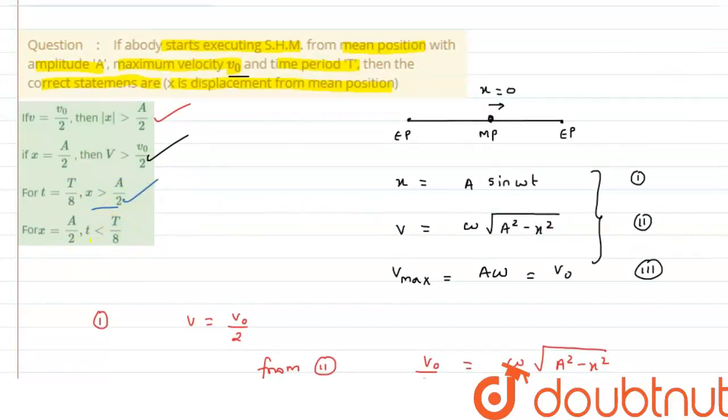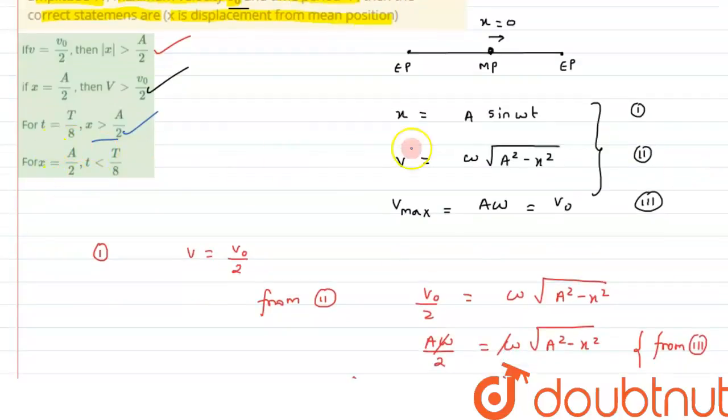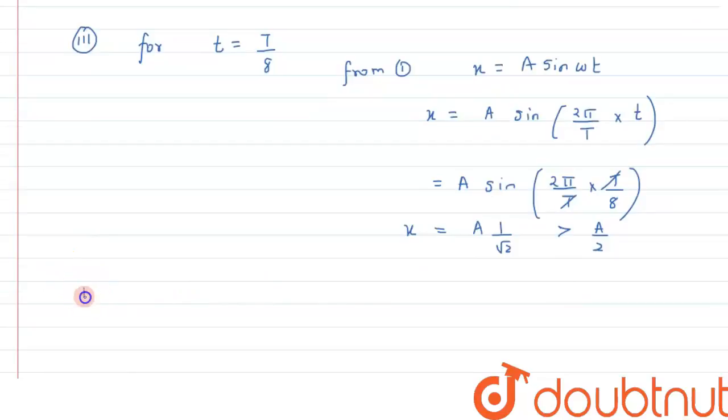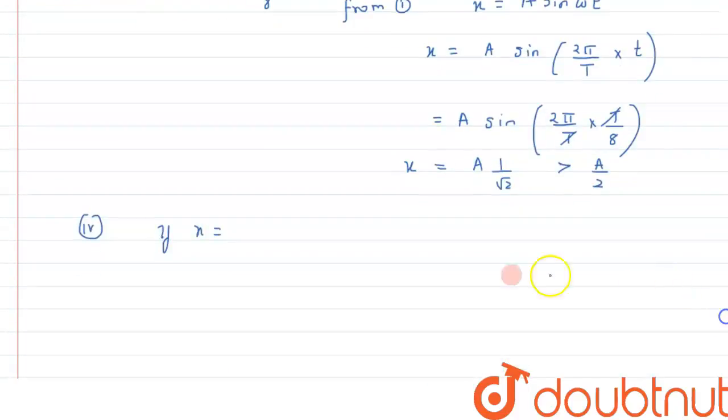And finally we have to check x is equal to a by 2. So for the fourth part, if x is equal to a by 2, then we have to check the time. Again we will use the first equation. From 1 we can write x is equal to a sine omega t.